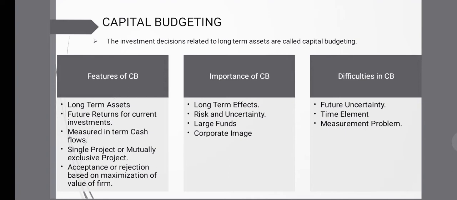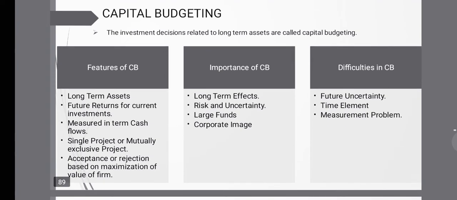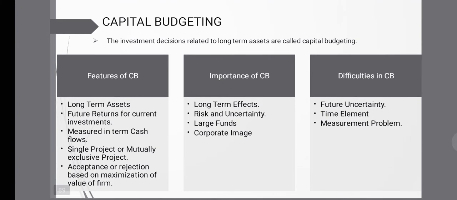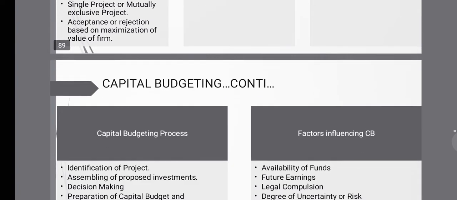Now, difficulties in capital budgeting: the biggest problem is future uncertainty. Nobody can predict the future, and in capital budgeting we are dealing with future cash flows. The time element, the time value of money, is very important in capital budgeting. Another is the measurement problem, and the biggest problem is what to take as the rate of discounting. So determination of the rate of discounting is also a big problem.